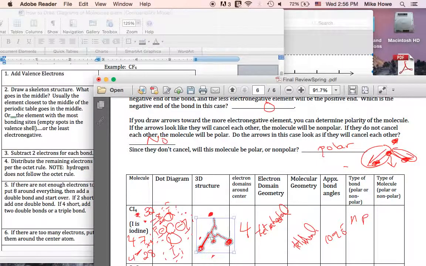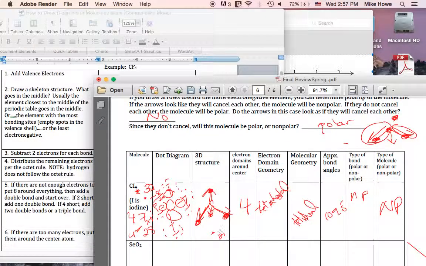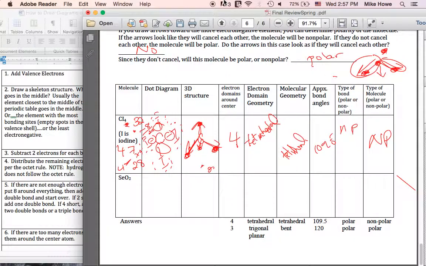So it'd go up toward the iodine, down in this direction, back that way, over here. So they're all equidistant from each other, all pulling equally, so the molecule will be nonpolar. Even if this was like fluorine or something, the molecule is still nonpolar because these arrows are all going to cancel each other out.